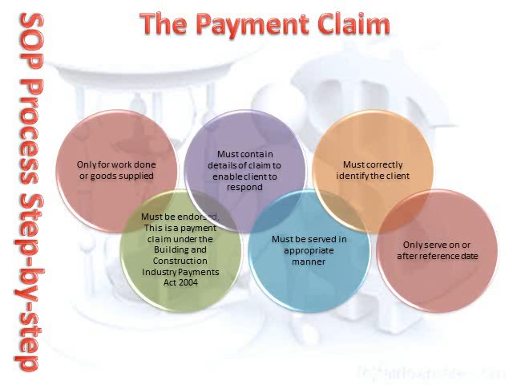The detail may be given by referencing another document the client already has, such as a quote or schedule of works. It is important that you have a date for sending the payment claim and also a date for payment of the payment claim in your contract. If you do not, then the Act will deem dates which may not work in with your cash flow requirements or business needs.